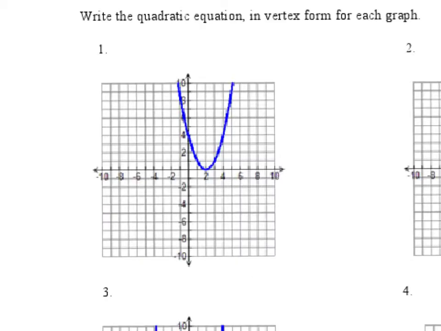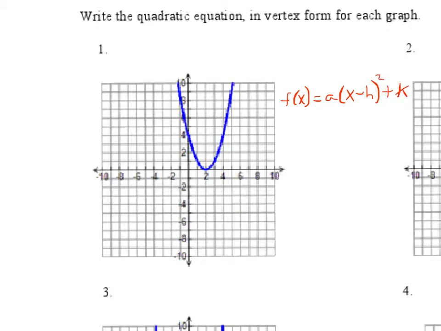For this page of the worksheet, you're supposed to write the quadratic equation for each of the following graphs in vertex form. So for this problem number 1, remember that my vertex form is f(x) = a(x - h)^2 + k.